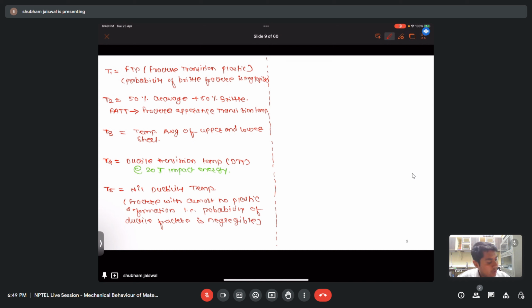Then after that we have seen the effect of crystal structure on DBTT. We can see one graph here, where on the x-axis we have temperature and on the y-axis we have energy absorbed.